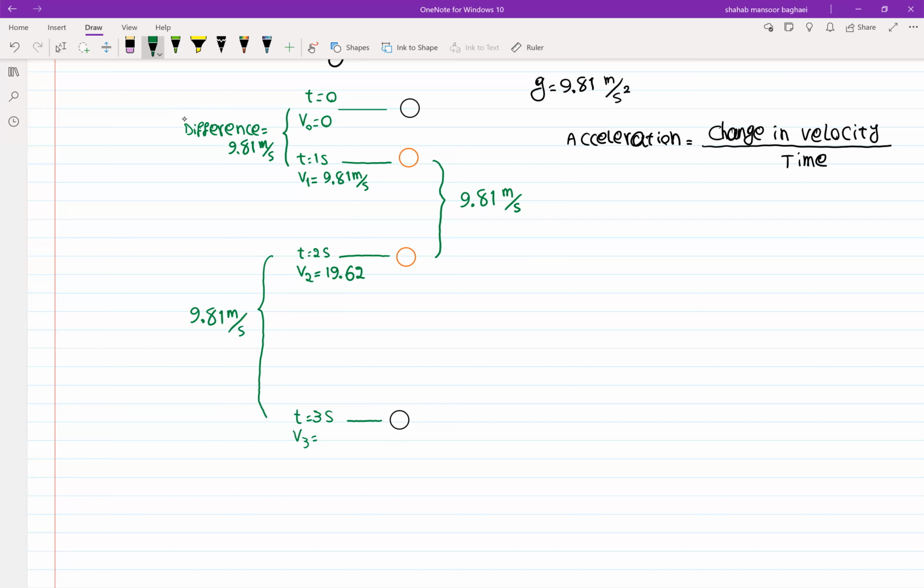What do you think? Definitely it is 19.62 plus 9.81. It is 29.43 meter per second.